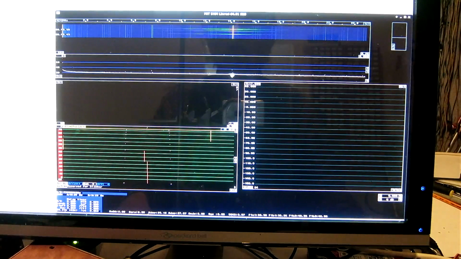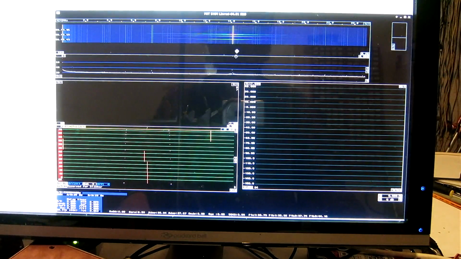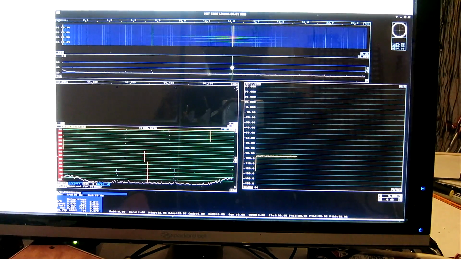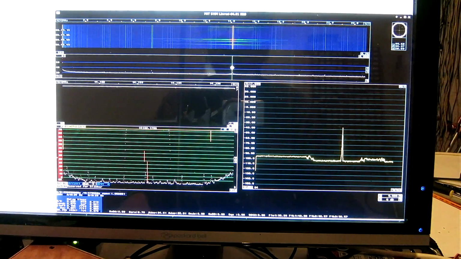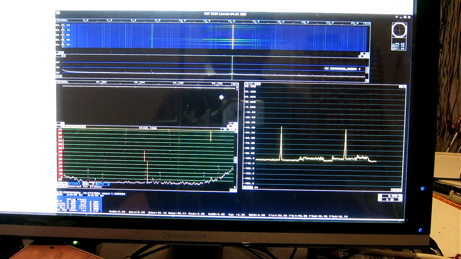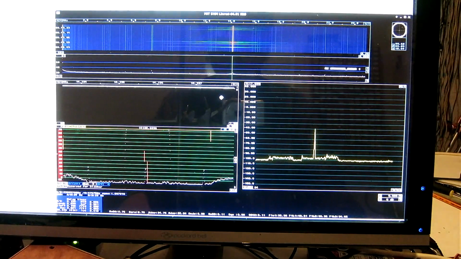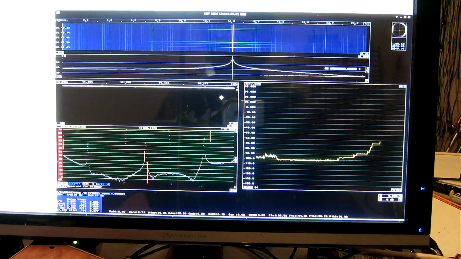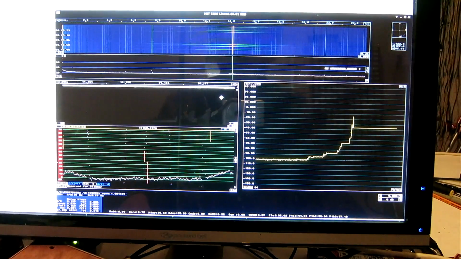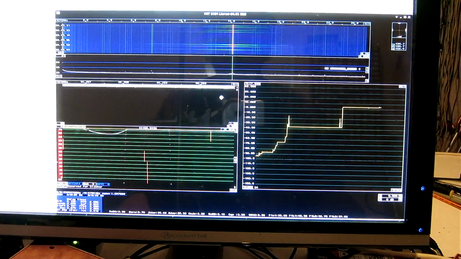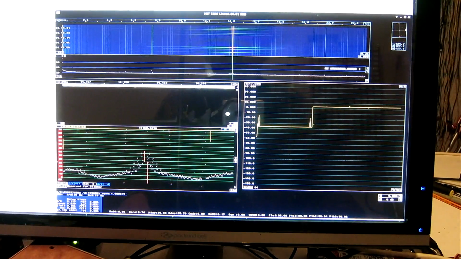We are still sampling at 200 megahertz. So the PCI bus is working hard. So I click on the signal. And it should be 14.158, I think. Here.